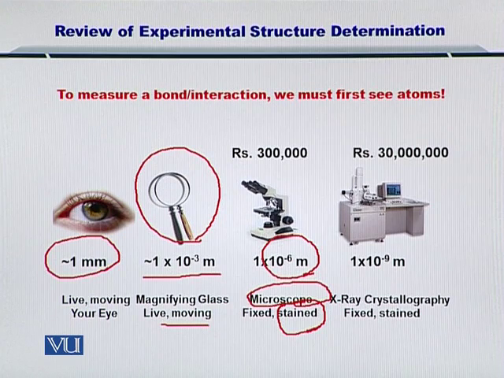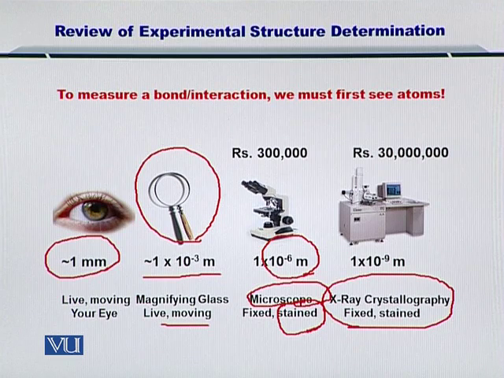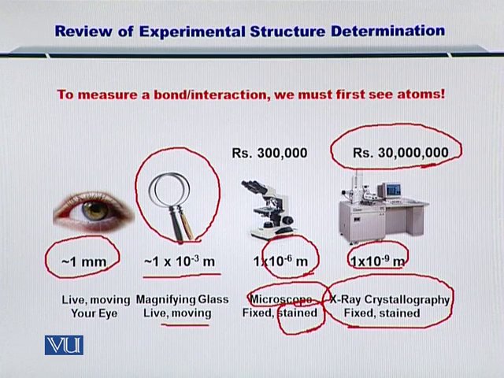So for that, we need an X-ray crystallography machine. The cost for this is very big, about 30 million. Using X-ray crystallography, you can see up to 10 to the power minus 9 meters, which is approximately 1 nanometer. So you need to have the X-ray crystallography machine in order to study the interactions between the side chains of proteins.